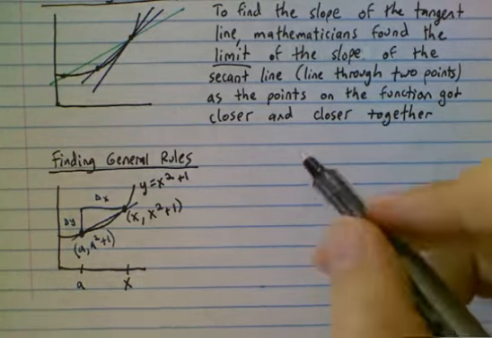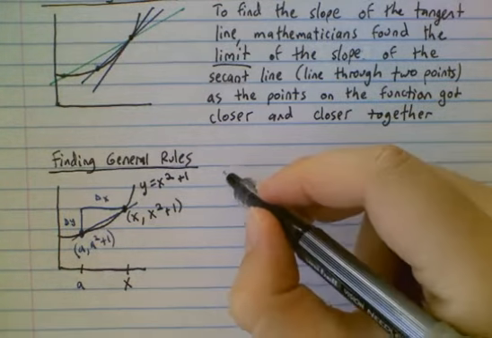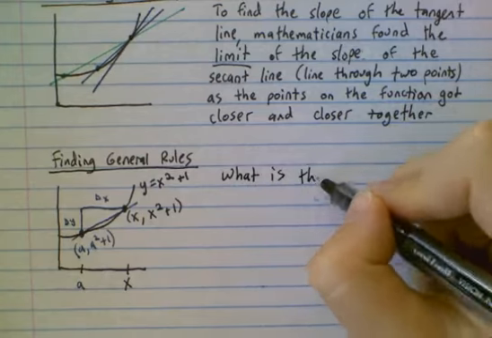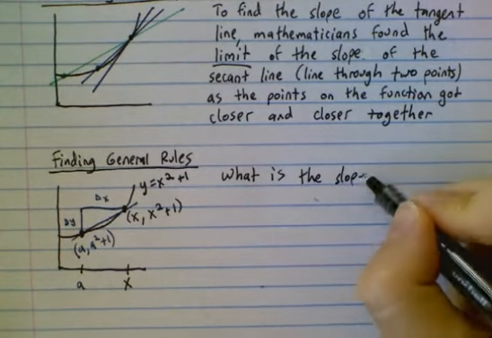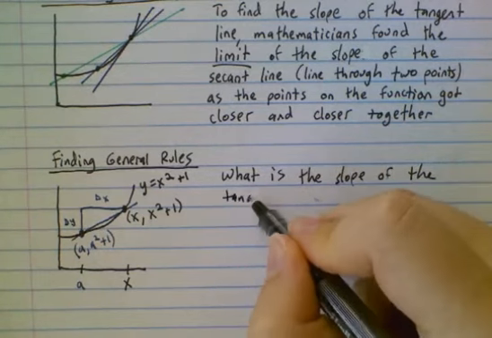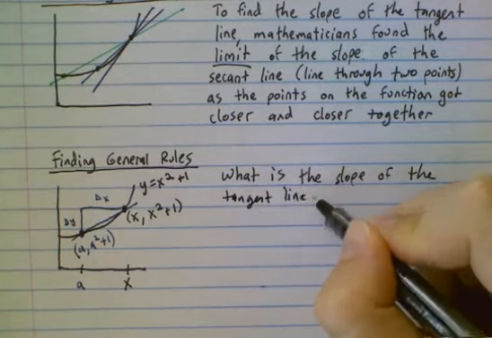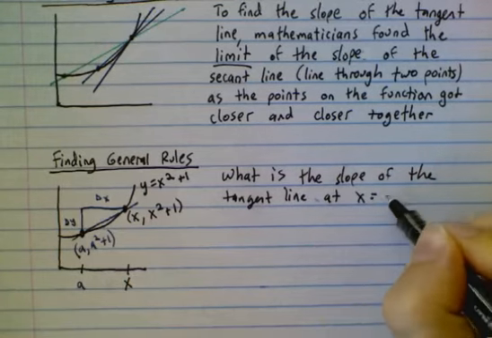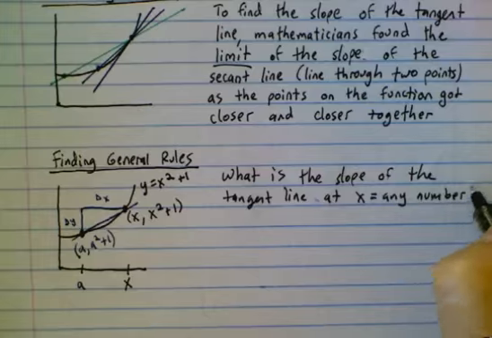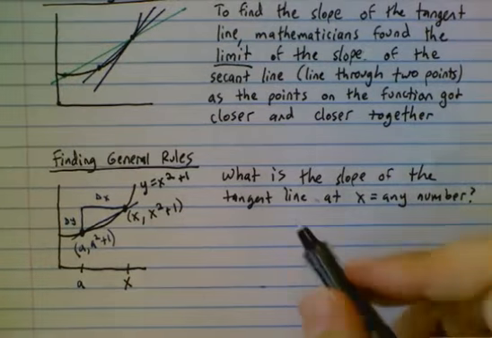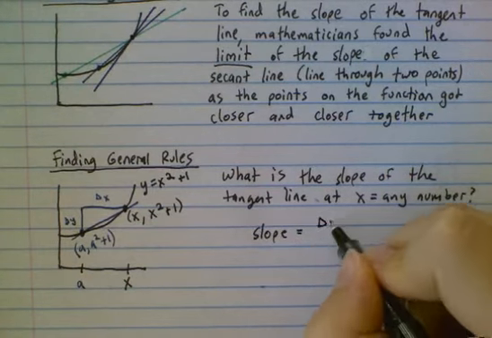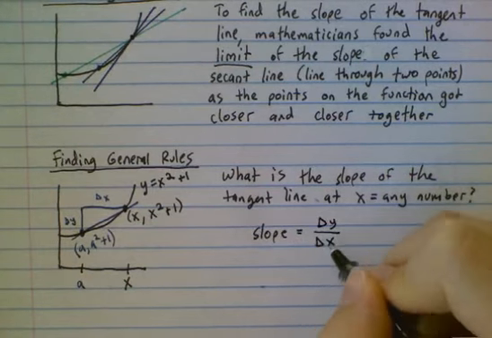So our big question here is, what is the slope of the tangent line at x equals any number? Well, we know that slope is going to be change in y over change in x.